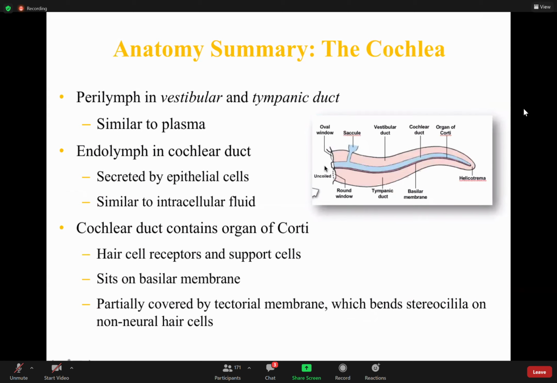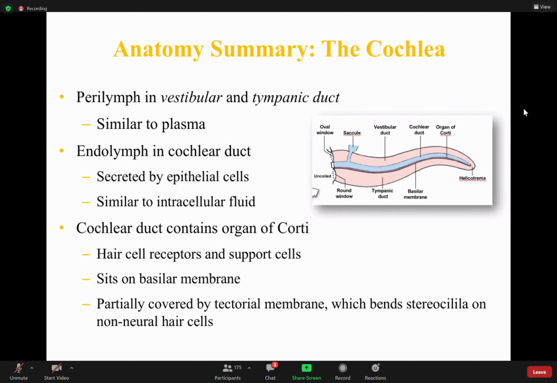Something quite important is that the vestibular duct as well as the tympanic duct are bathed in what we call the perilymph. Now, the perilymph has high concentrations of sodium compared to potassium, something that is reversed in the cochlear duct, where we have the organ of Corti that gives us the perception of sound.